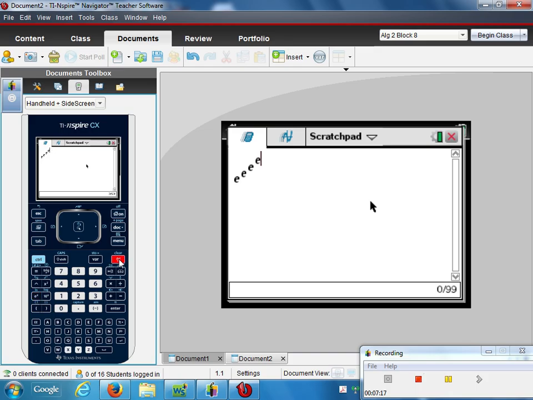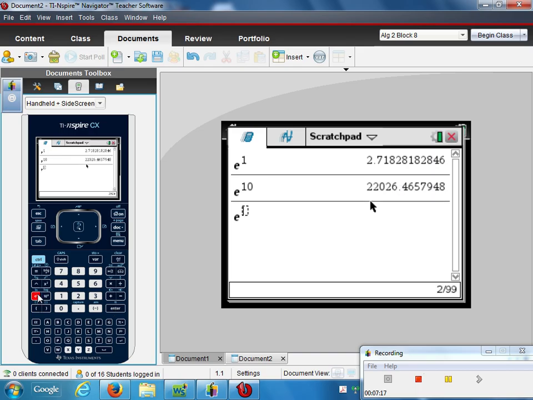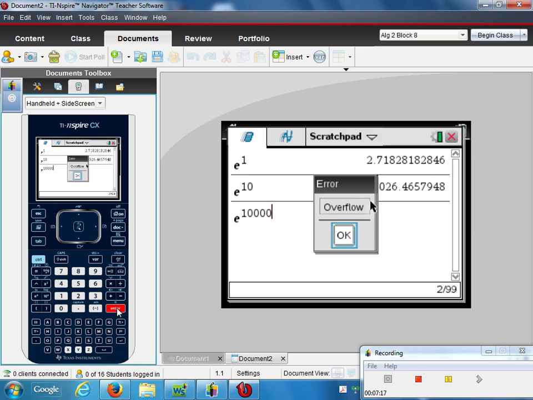If you want to know e to the first power, it is 2.718. Well, this only should display so many decimals. Does it overflow? Even e to the 10th, e to the 100th. e to the 10,000 overflows.